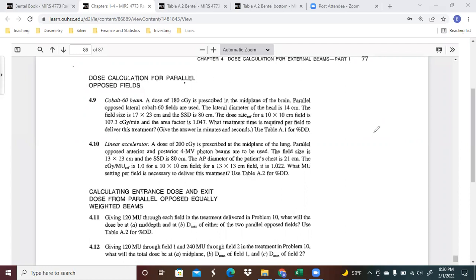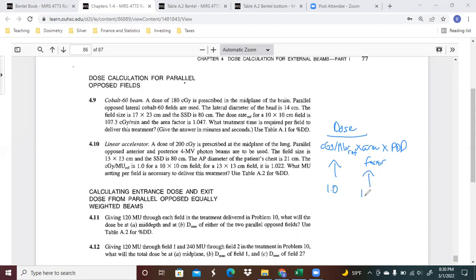We're going to have the dose, and that is going to be divided by the centigray per MU reference, times the area factor, times percent depth dose. We know this one is 1.0.